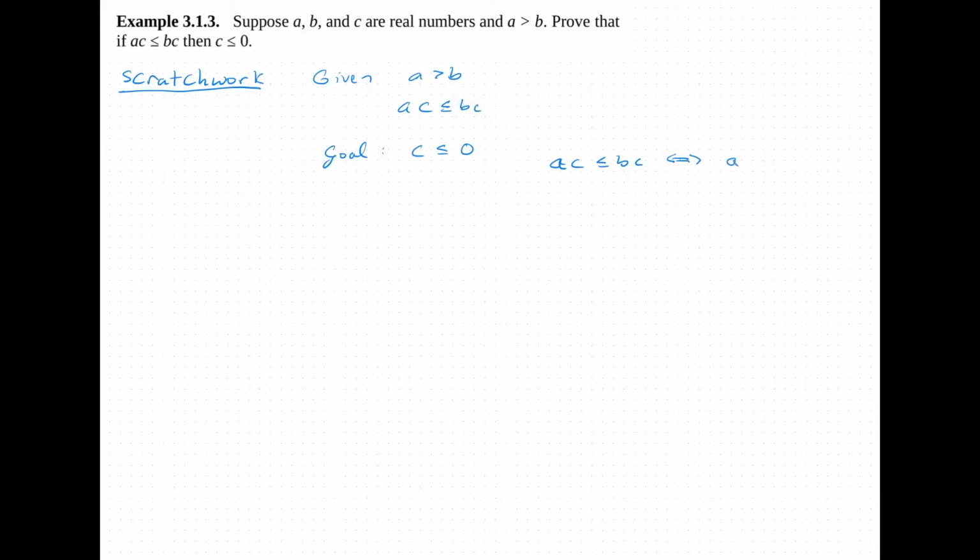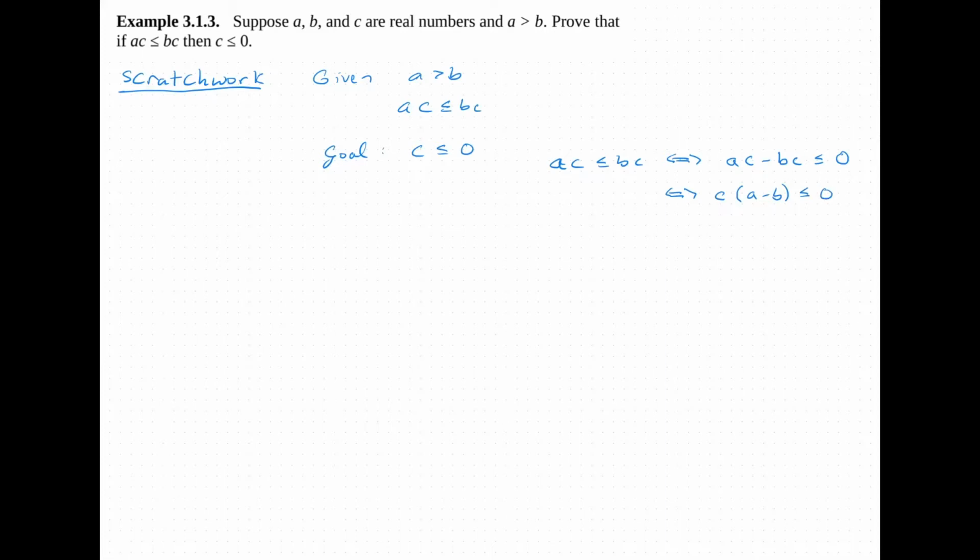And so now we have AC minus BC less than or equal to 0. But that's the same as, if we now factor a C out, A minus B times C less than or equal to 0.